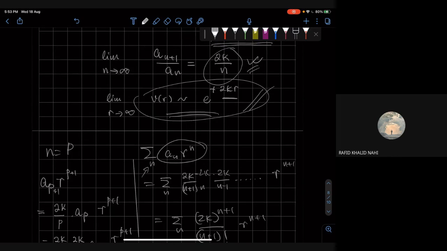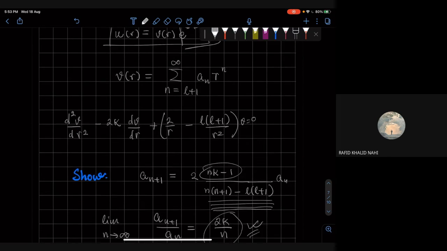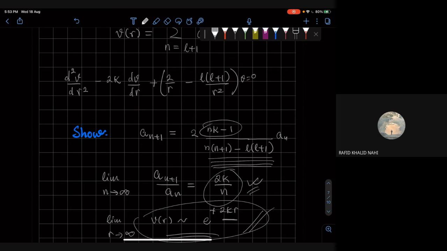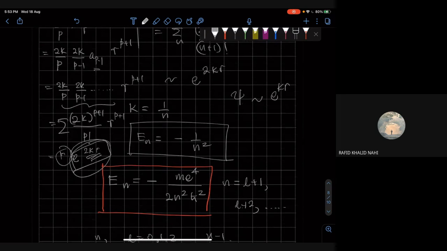So the only way it's not going to diverge is if this series ends at some point. This series can end if this becomes 0 for some value of n, so there has to be a k such that this is 0. That condition leads us to the quantization of energy.